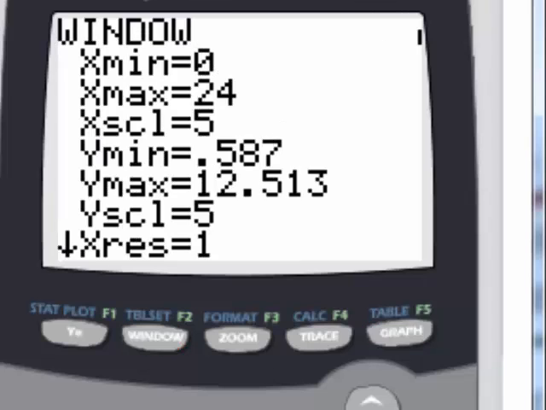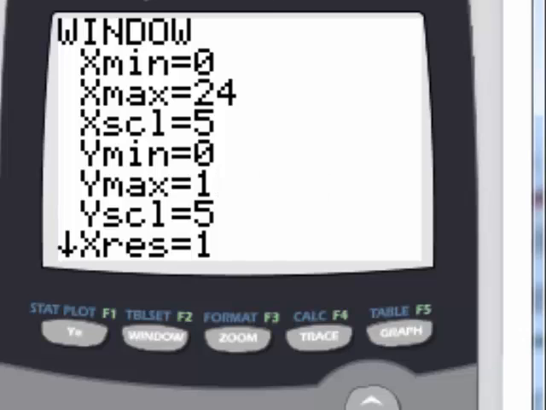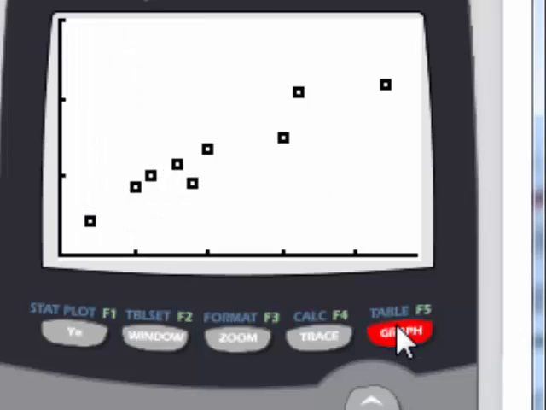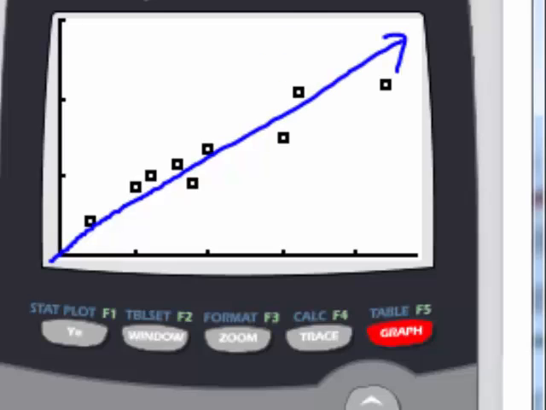I want my Y's to be nice and clean. So I'm going to go 0 to 15, and I'm going to count by 5. So, okay, that's going to make things a little bit easier for me. All right, so right there, there's my line of fit. I like that. Okay. So if I want to write an equation for that line, what do I need?